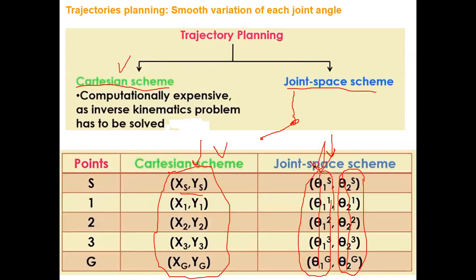That's why most of the time we do the joint space scheme. This is the scheme, not that scheme. So I highly discourage you from using the Cartesian scheme, because since the motor is specified by angle, even though you do it in XY, you might have to go back to theta, which is inverse kinematics. So in that case, if you do the Cartesian scheme, that will be computationally expensive.